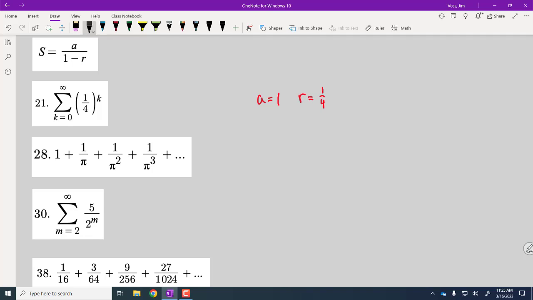So that tells us that the sum of this series is 1 over 1 minus 1/4. That's what that says. A over 1 minus r. And that's going to be 4/3. 1 minus 1/4 is 3/4. 1 over 3/4. Flip it, and we get 4/3.